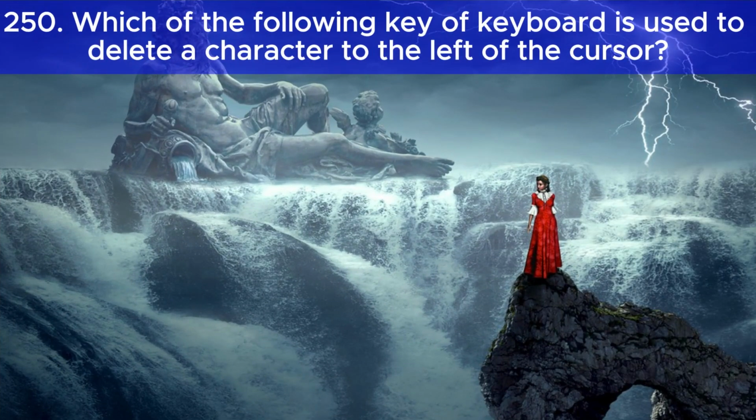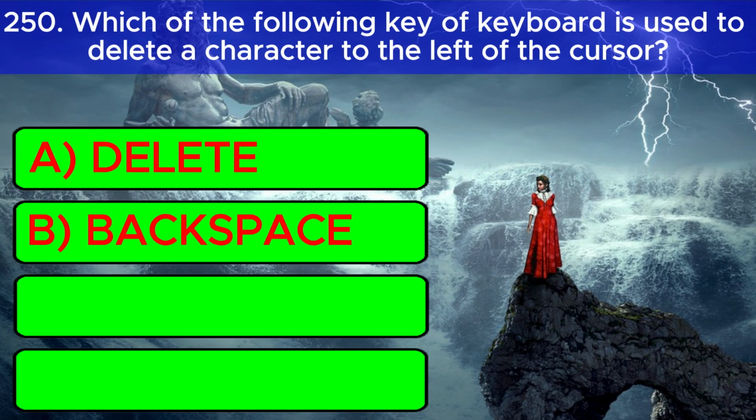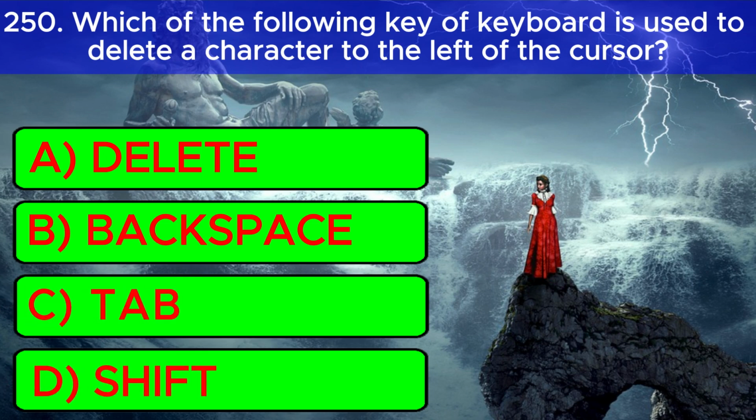Question number 3. Which of the following key of keyboard is used to delete a character to the left of the cursor? A. Delete, B. Backspace, C. Tab, D. Shift.